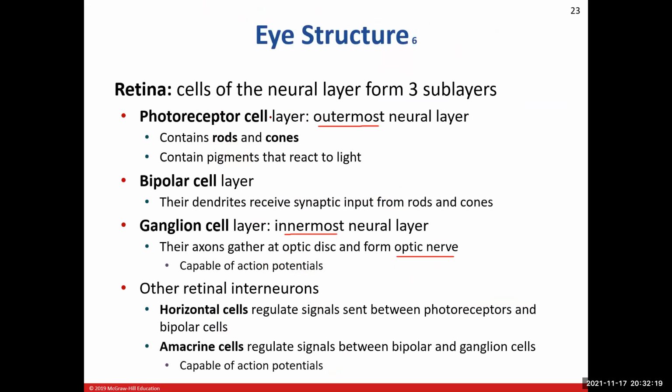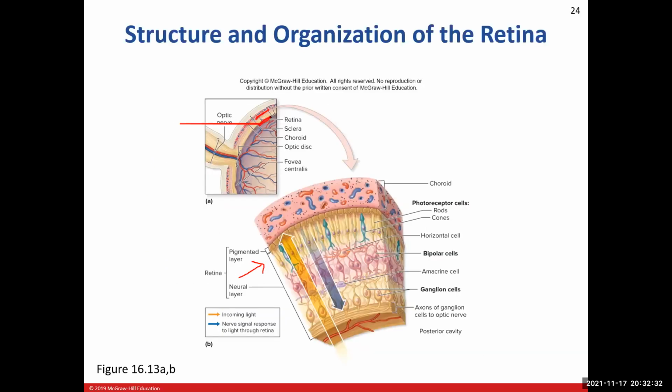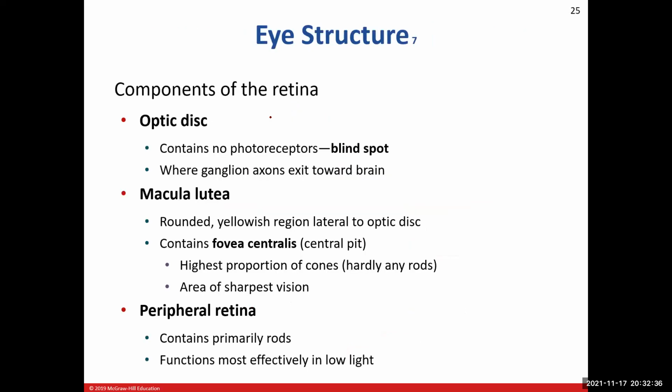And we're going to see the bipolar cell layer then connect to the ganglion cell layer. Like I said, I'll explain the physiology between the cells in these layers in lecture.